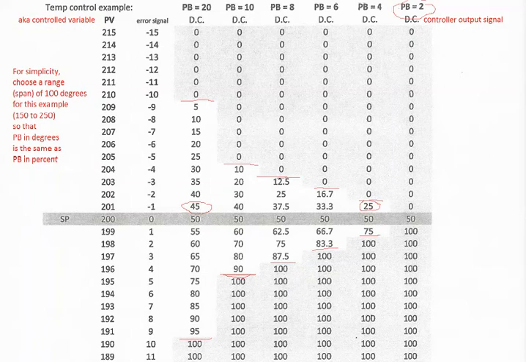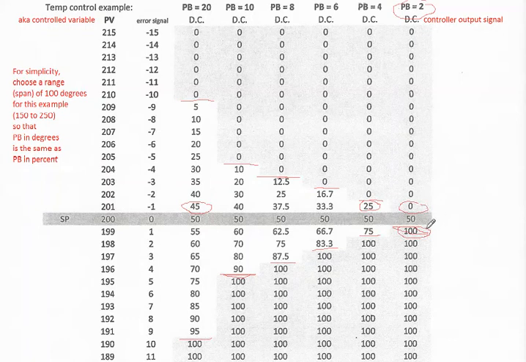If you turn up the gain too much or narrow the proportional band too much, you essentially come all the way back to just on-off control. Look what happens. The set point's at 200 degrees. If you go above the set point, you just turn off. And if you go below the set point, you turn on.